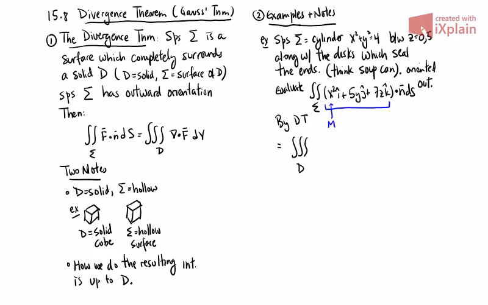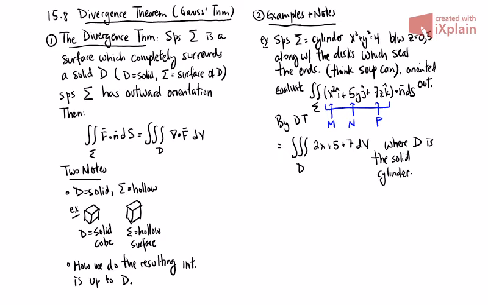We take M's derivative with respect to x, N's derivative with respect to y, and P's derivative with respect to z, and we add those together. So what I get here is the integral of 2x plus 5 plus 7 dV, where D is the solid cylinder.